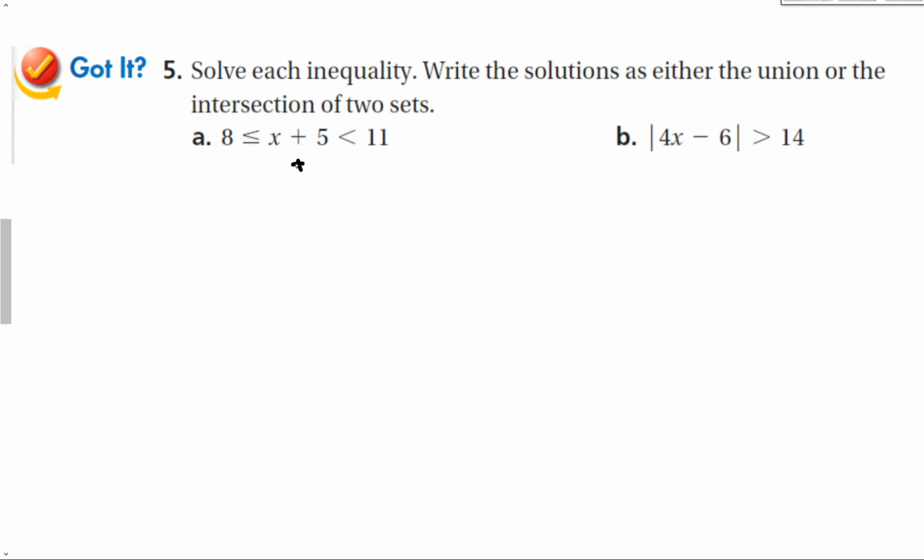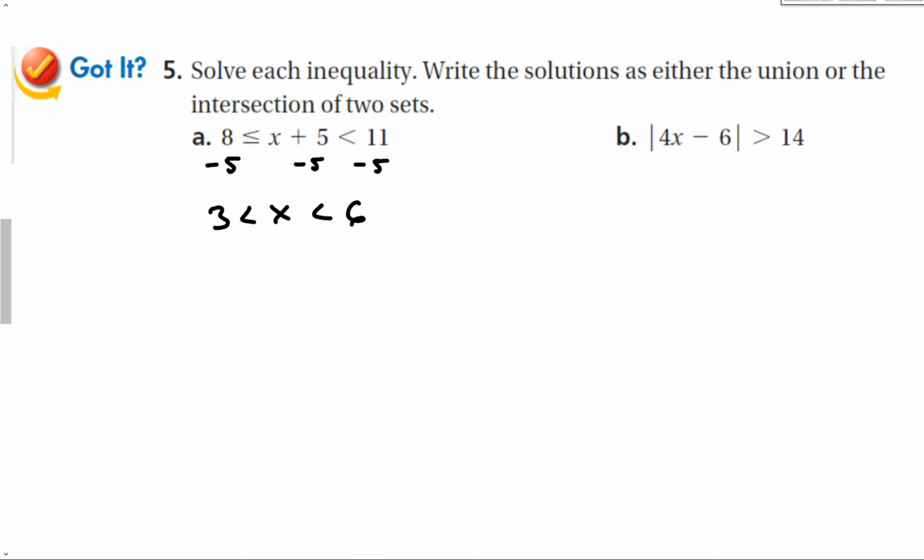So same thing for this one. I'm going to subtract 5 from every side in this inequality. So that's going to be 3 is less than x is less than 6.